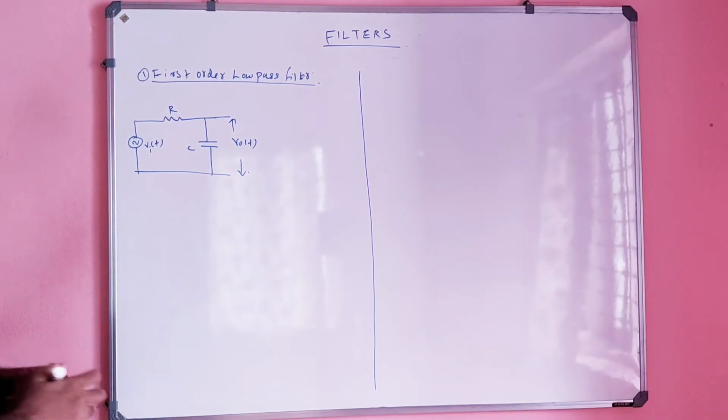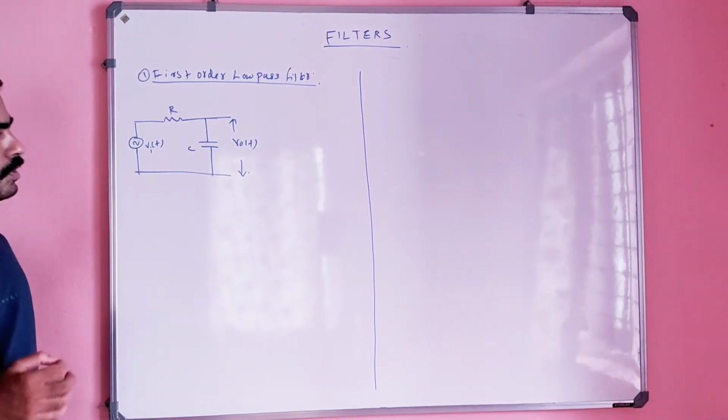So, a first order low pass filter, this is the diagram of a simple first order low pass filter. An RC circuit, C is in parallel with respect to the input side.